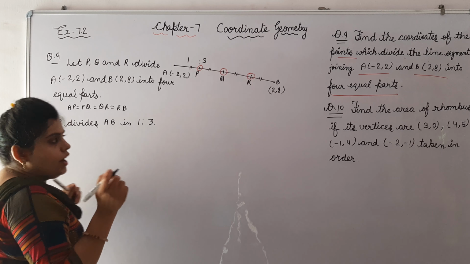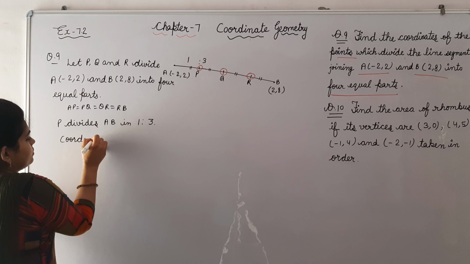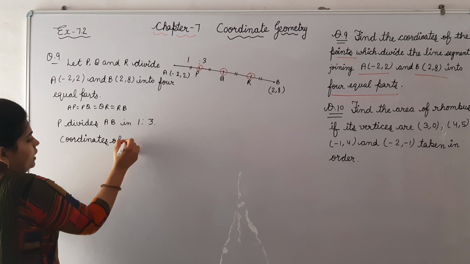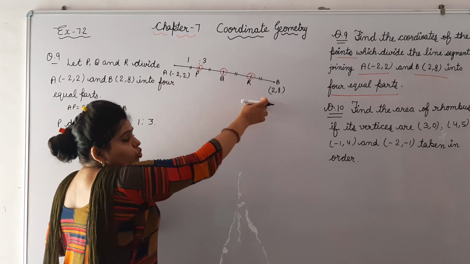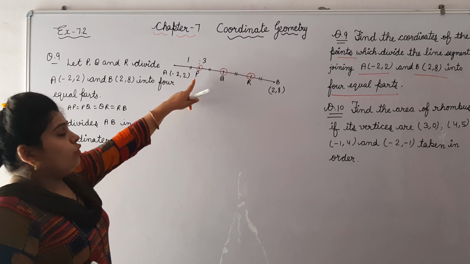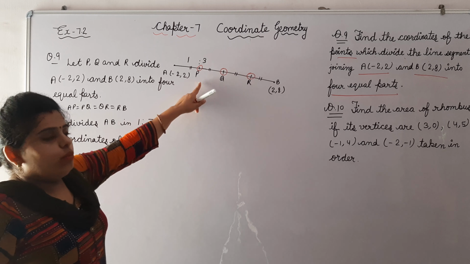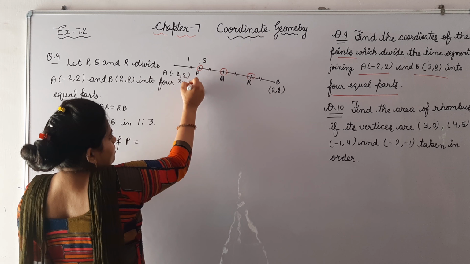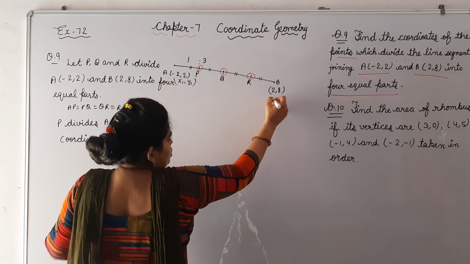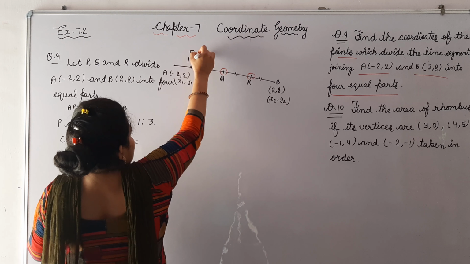So what we will find? Coordinates of P. Which formula will we use here? Ratio is given and 2 coordinates are given, and we have to find coordinates of P. Then we will use the section formula here. So for the section formula, let it be (x1, y1), (x2, y2), and the ratio m:n.